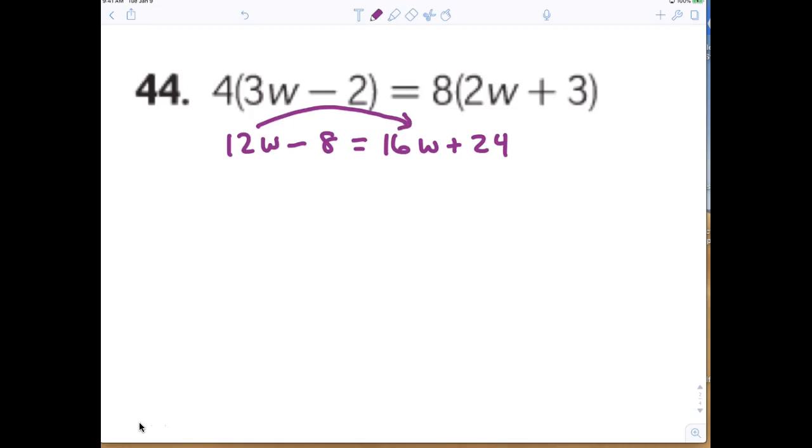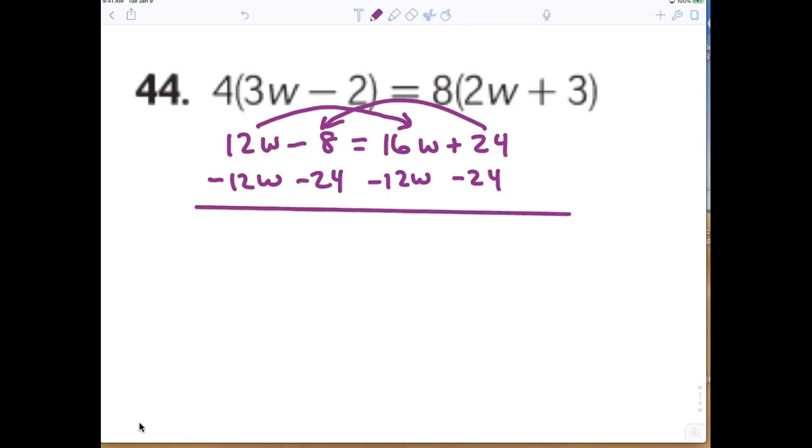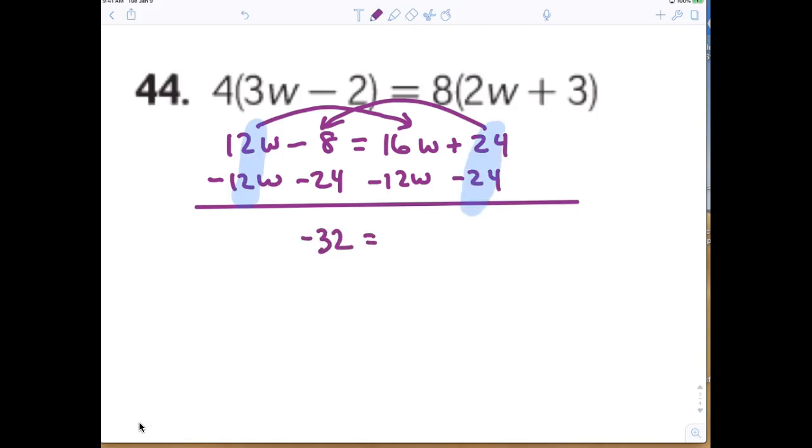Yep. And I'm moving the 24 over here. So I'm going to put a minus 12w, minus 12w, minus 24, minus 24. Agreed? Now, things cancel now. These cancel. These cancel. Negative 32 equals 4w.